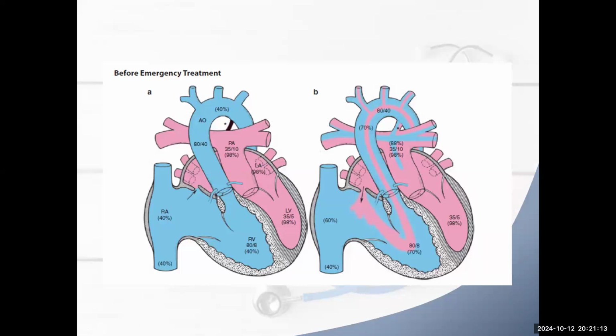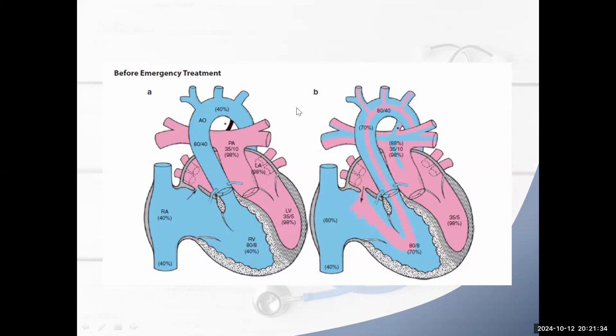But in TGA, it goes through the aorta back to the body. So the body has deoxygenated blood and it returns back to the right side. It makes a separate circulation at the right side. The blood returns to the RV, goes through the aorta to the body and returns back to the RV, and so on.